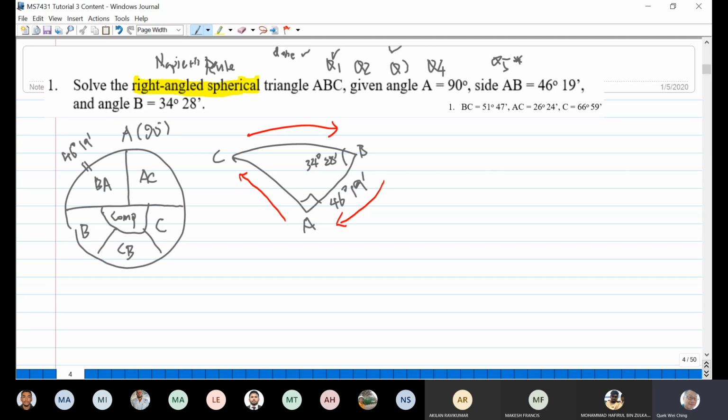I know angle B is here, which is 34 degrees. So I have two things to know only. Then look at what is the most obvious thing you can find. Of course, there are only two pieces of information.